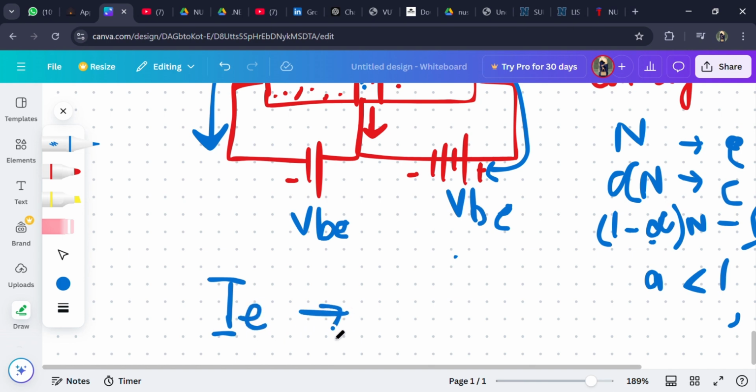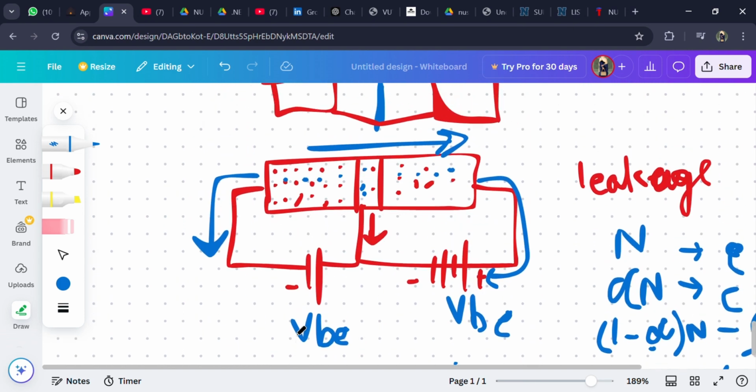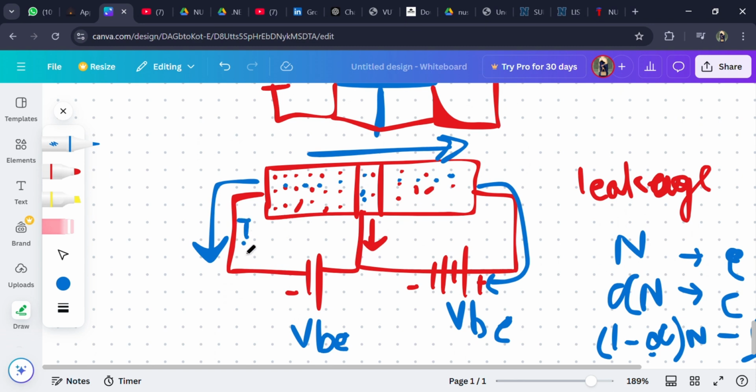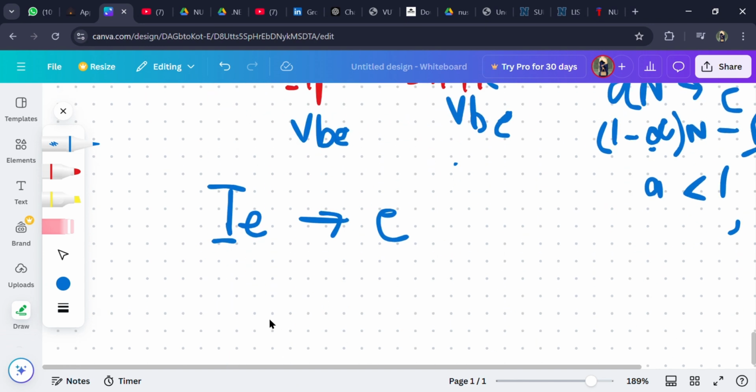This is IE. The current that is dropped into the base is IB.